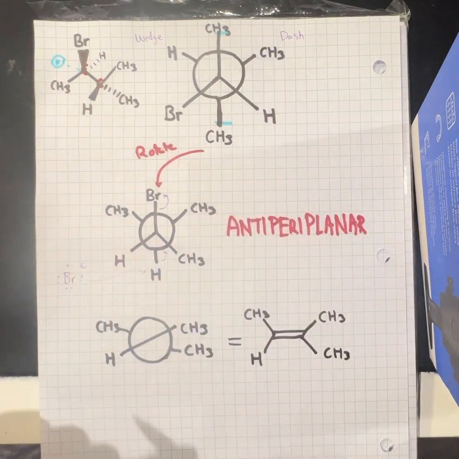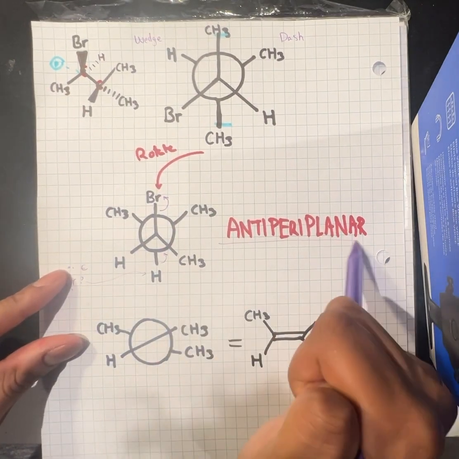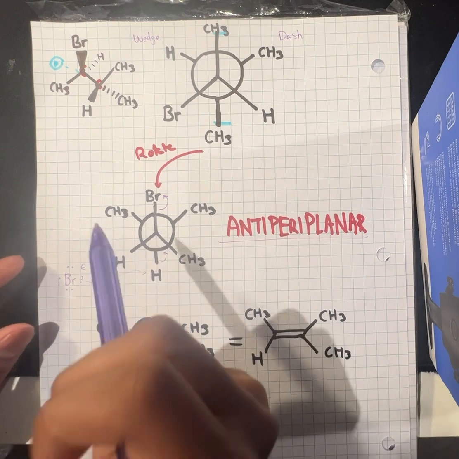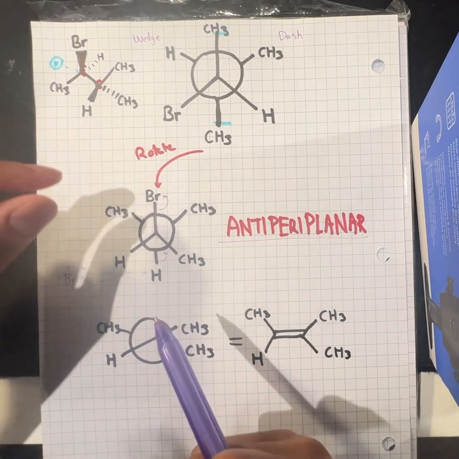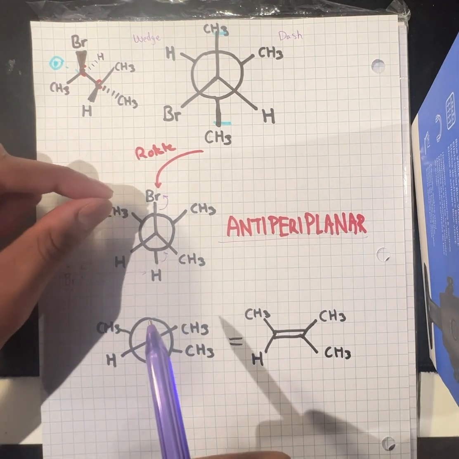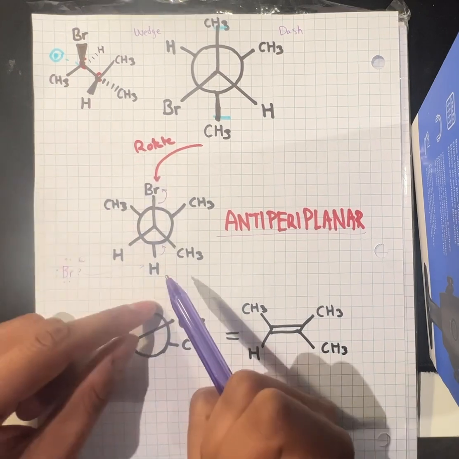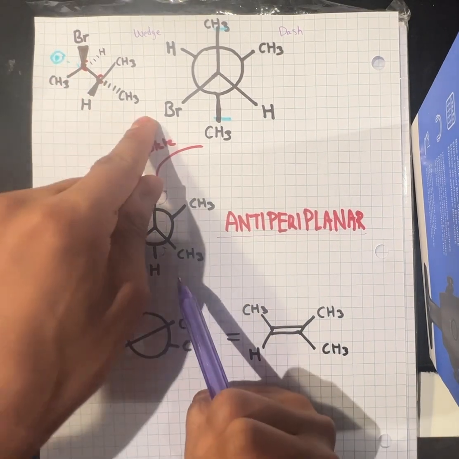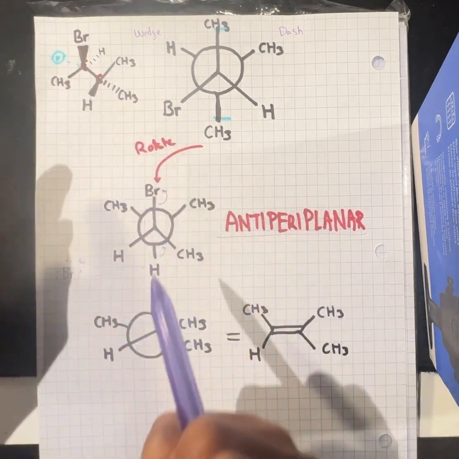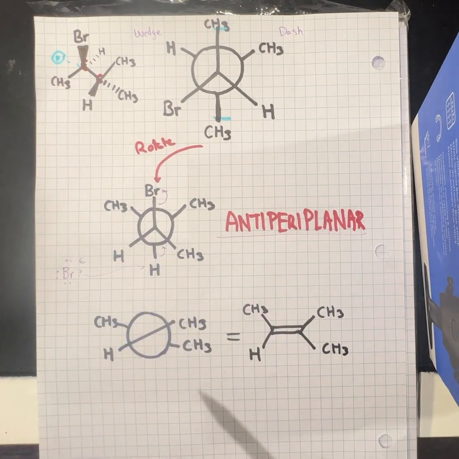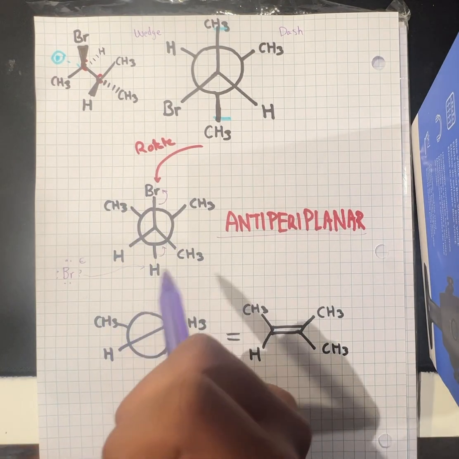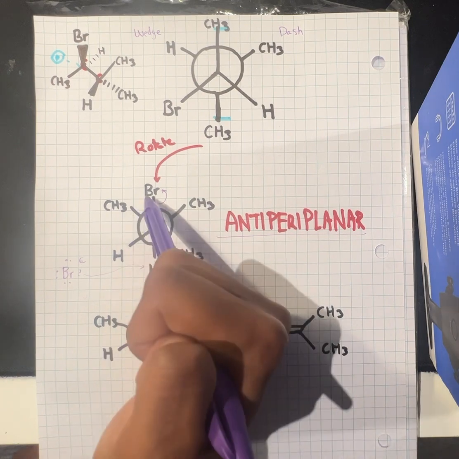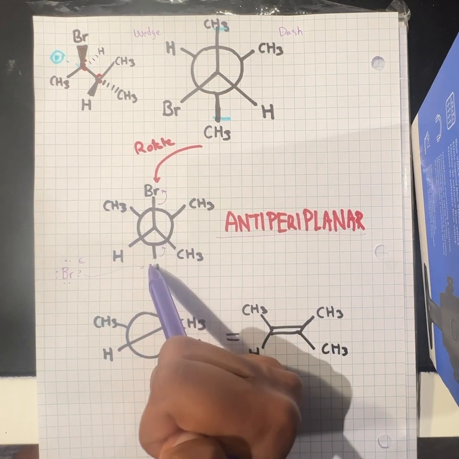We rotate the molecule to get the antiperiplanar conformation, where our leaving group is on the top. It could be on the bottom in some case. If we look at it through this lens, then it would be on the bottom. And our proton is directly across from it, also axial.